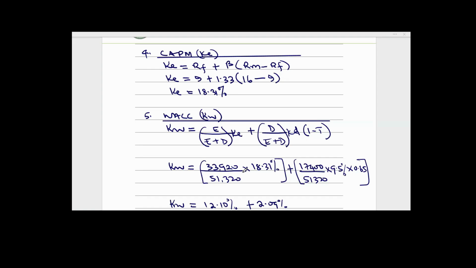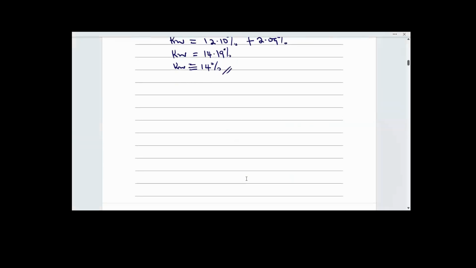Okay. Then to the second part of requirement number 2, you are expected to compute your project-specific cost of capital using the debt beta of 0.3. Quickly, let's do that. Requirement number 2B now.